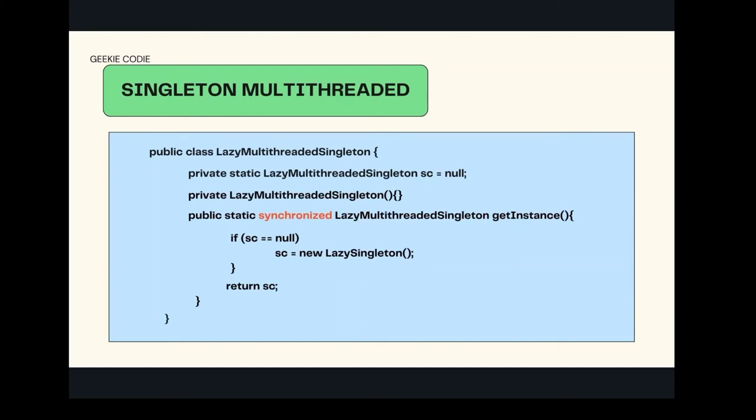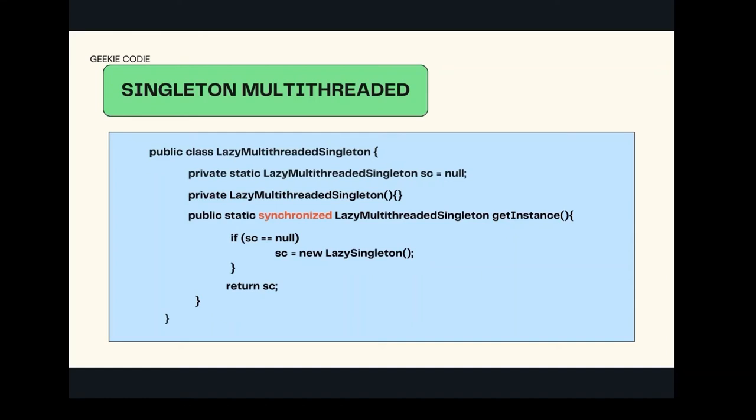Now we have to ensure that our singleton class is multi-thread safe. To make sure that only one class object is created if there are multiple threads running, we have to make the getInstance method synchronized. In the case of synchronized, the thread that calls the getInstance method first gets the lock of the method, and once the first thread exits the method, only then can the second thread enter.